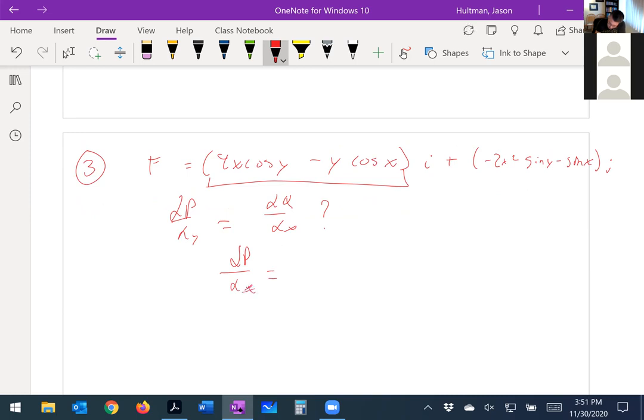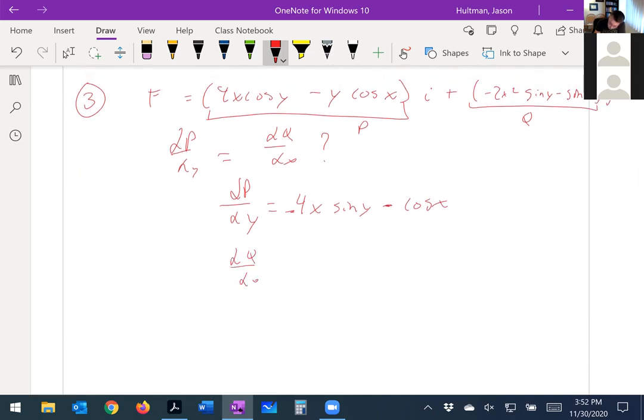So P is this guy over here and this is Q. I want dP/dy, so this is P and this is Q. So dP/dy equals dQ/dx. dP/dy is going to be negative 4x sin y minus cos x. And dQ/dx, what is that?